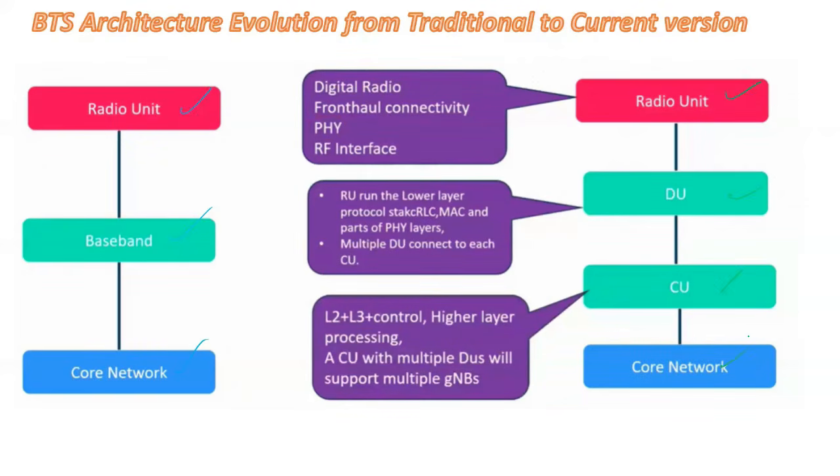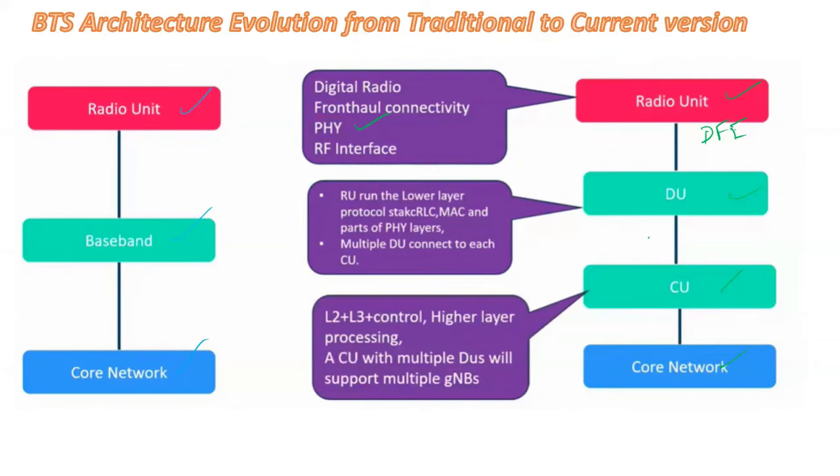First is the radio unit, which handles DFE, the digital front end, and it also handles parts of the physical layer, right? Then you have the DU, the distributed unit, which sits closer to the radio unit and runs layers like RLC, MAC, and parts of the physical layer, depending on the functional split. We'll talk about functional split in the next few slides.